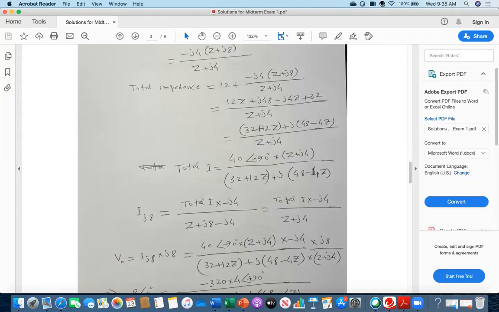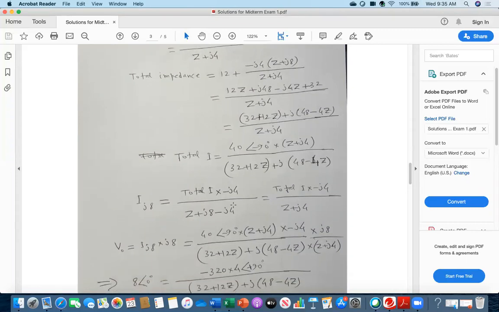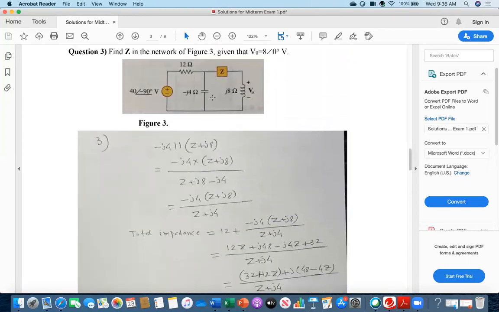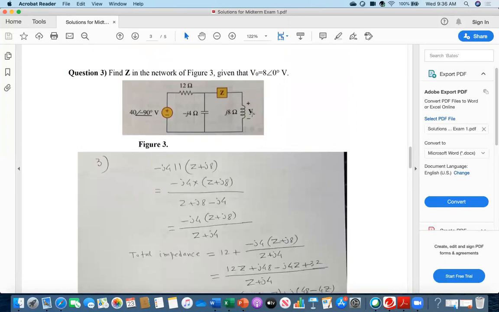Total current is that voltage divided by the total impedance. Just look at this one. And then I can simplify a little bit, but I cannot get rid of the G. There will always be the letter j. And then once I get the total current, at the next step, I am applying the current divider rule for Ij8. I need to find out the current through this branch because the V0 here is given, so I must relate that current to this one.